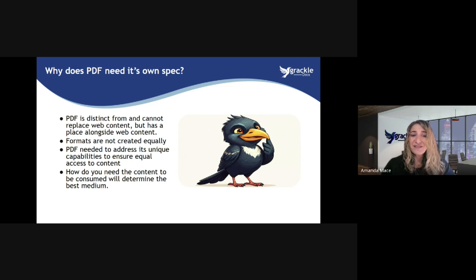Again, documents do different things from web content, and people who are working with them want to make sure that we're providing the best experience for everyone, regardless of the type of assistive technology you may be using to access the file, and acknowledging that there are billions, trillions of these things floating around the internet and sitting on desktops. And we want to make sure that authors understand that they can make their documents accessible and compliant.